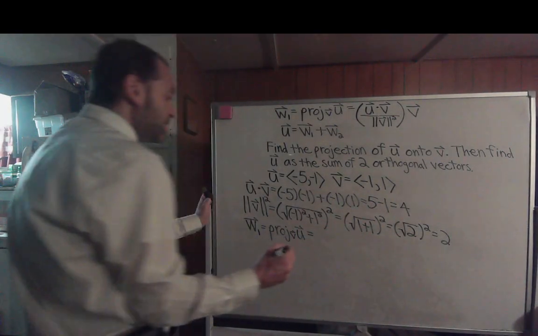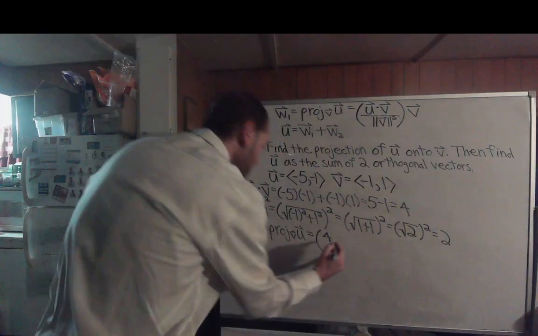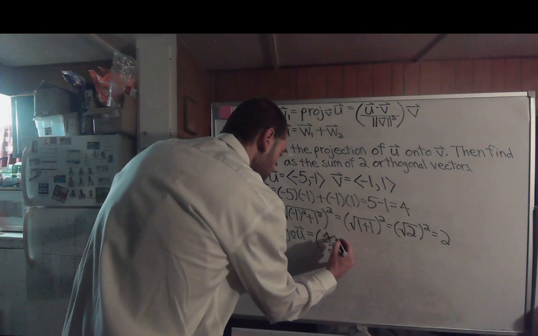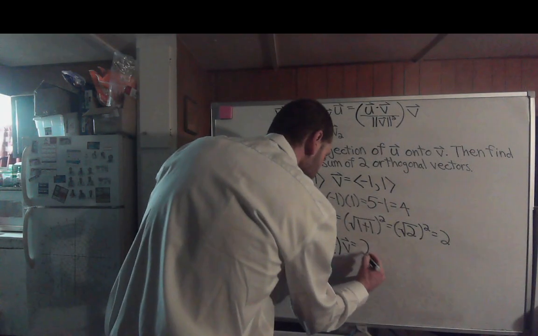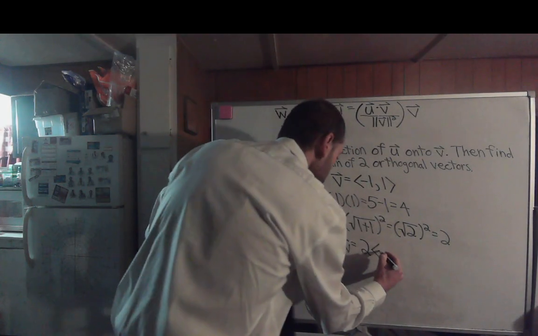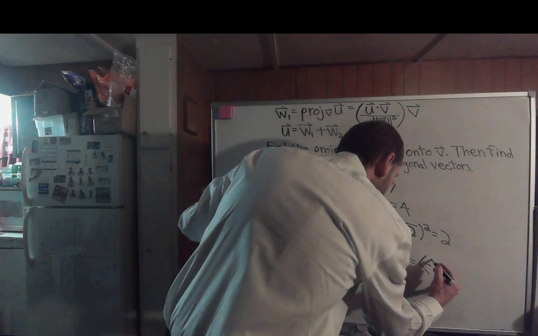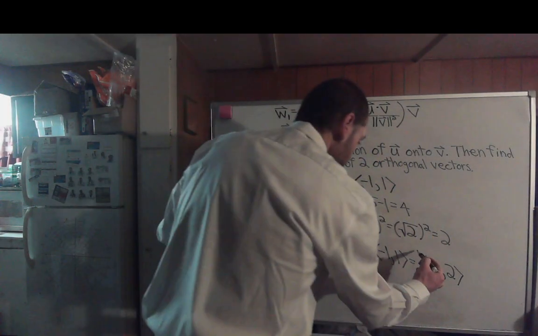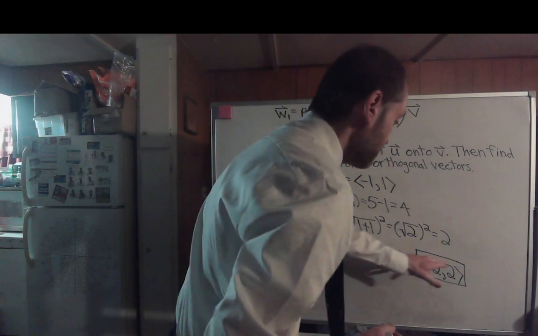So that's going to equal the dot product of u and v, which was 4, over the magnitude squared, which is 2, times that vector v, which would simply end up being 2 times your vector v, which is -1, 1. Which would give you -2, 2 for vector w1. So there's your projection of u onto v, which is vector w1. That's going to be -2, 2.